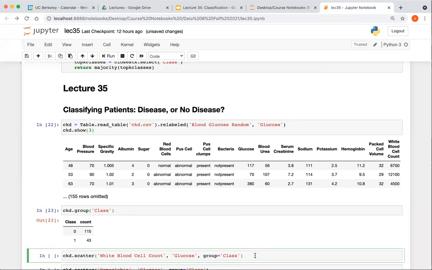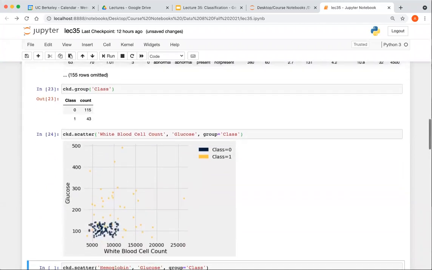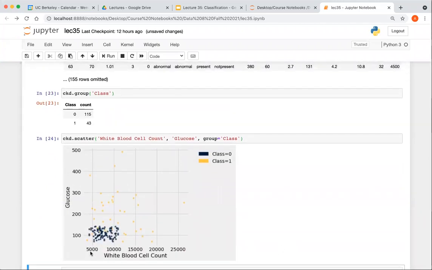And there's one more variable. Okay, so there are actually three variables in this picture. On the horizontal axis, you have white blood cell count. On the vertical axis, you have glucose. The third variable is the class, which is represented as a color, right? So here's a scatter diagram.